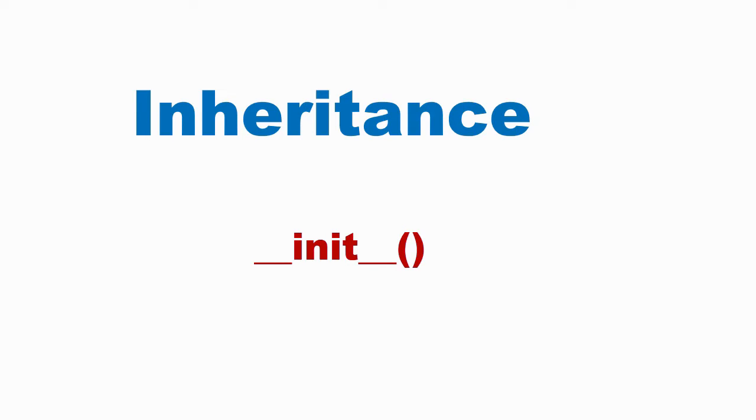So if you give the child class its own underscore init method, it will override the init method of the parent class.